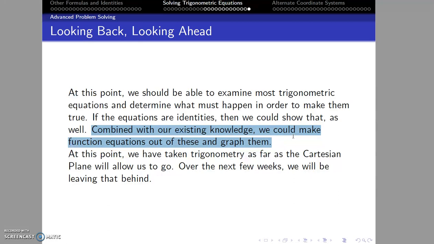Not in more dimensions, right? Not in 3 dimensions or anything like that, but other 2-dimensional systems and other 2-dimensional coordinate styles. And we'll see if we can redefine or redo or improve on our ideas of trigonometry in those systems.